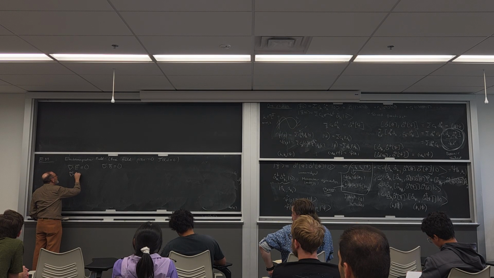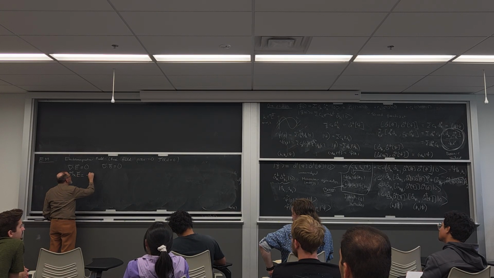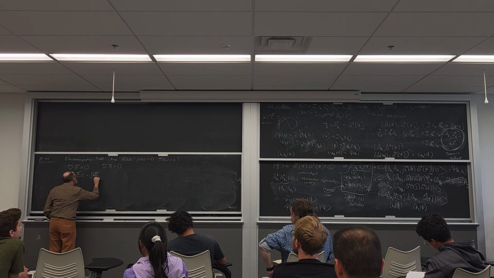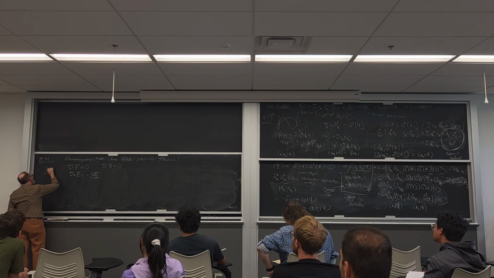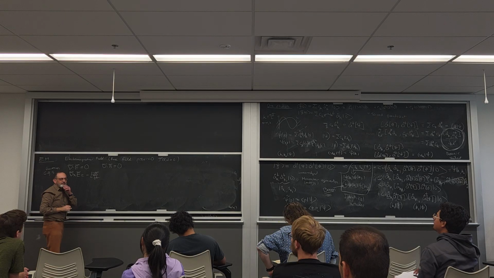Del cross E, Faraday's law, is negative the time derivative of B, and in the units we will use, Gaussian CGS units, which are the right units, you get a 1 over c.